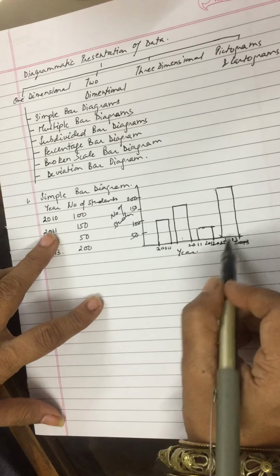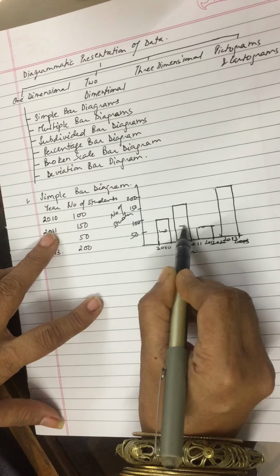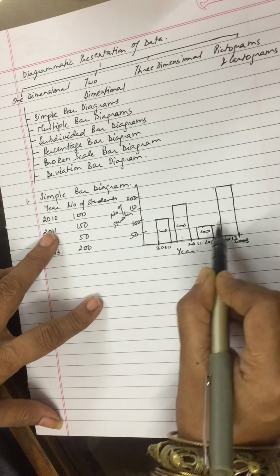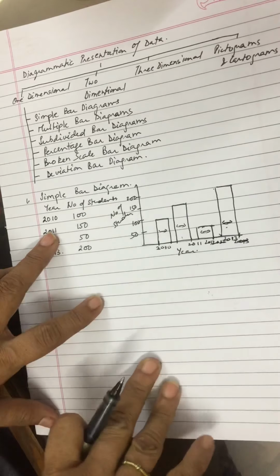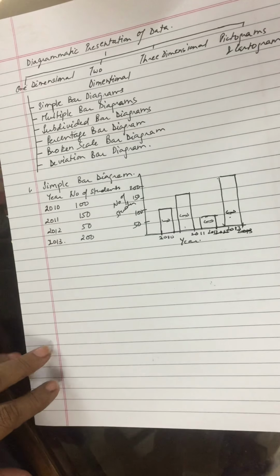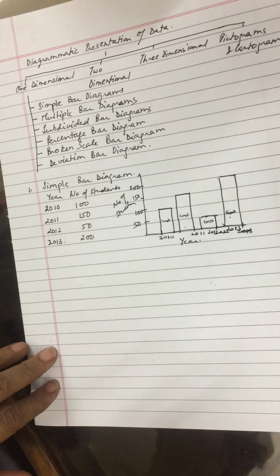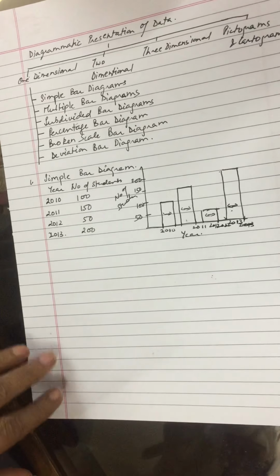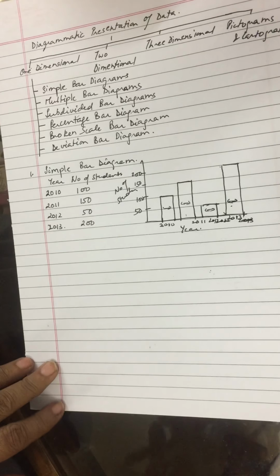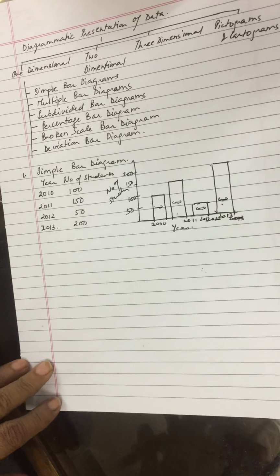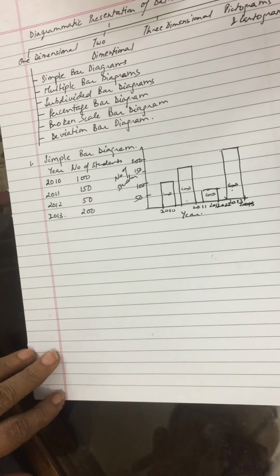In this case, you find that the width of the bar is supposed to be the same, and they are bars which are drawn at equal distance. That is a very important thing when we are talking about simple bar diagram. Only one kind of information is represented under simple bar diagram.